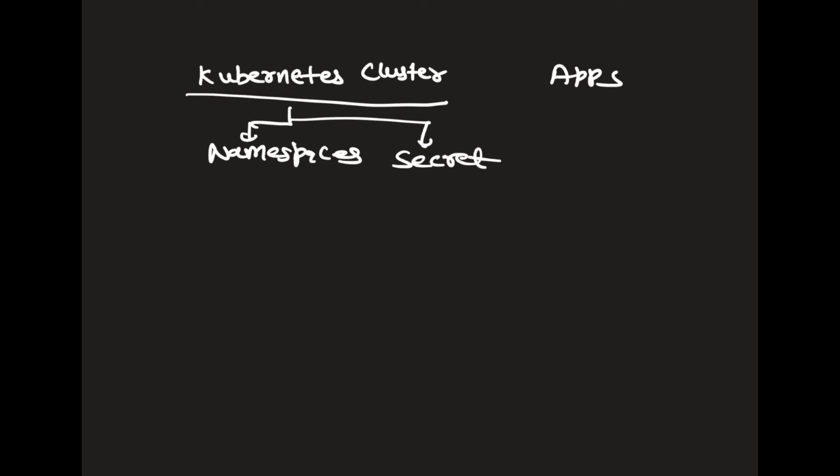I'm assuming you are aware of the basics of Kubernetes and these terminologies, namespaces, secrets, which we store inside Kubernetes. If you manage all of these infrastructure level things and configuration level things at the cluster level, then Jenkins X helps you.